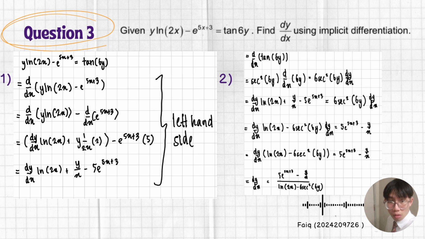And then after the calculation, it will be dy/dx times (ln 2x minus 6 sec²(6y)). Look, the dy/dx is gone. After that, it will be equal to 5e^(5x+3) minus y/x, and the last answer will be dy/dx equals (5e^(5x+3) minus y/x) over (ln 2x minus 6 sec²(6y)).